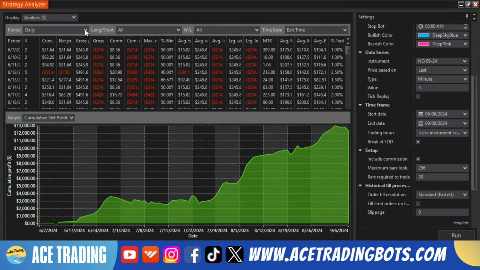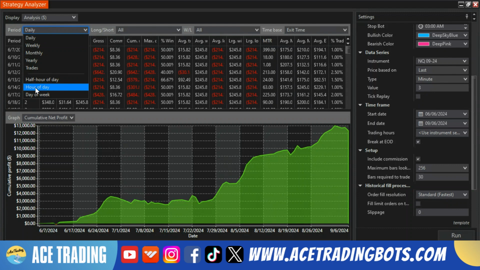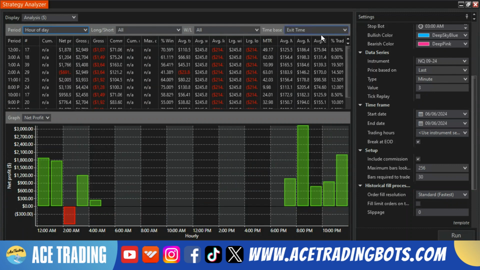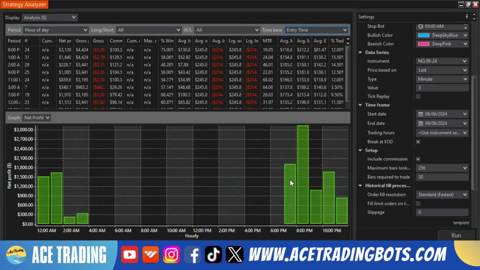Let's have a look at when these trades are being taken. So look at the hour, and we'll look at the entry time because that's what we're looking at. You can see that earlier on in the session we get a lot more wins, then it goes a bit of a lull, and then it picks up here, and the last bit is not so great. From 2 to 3, that bit there is not so good.